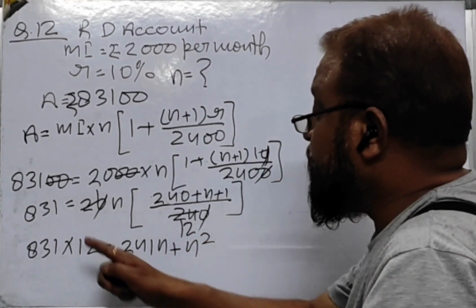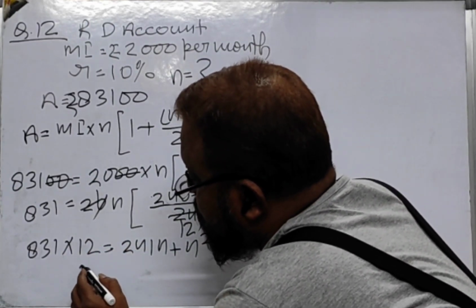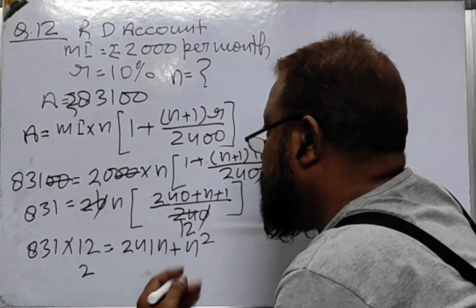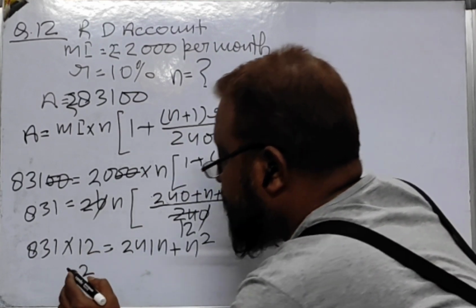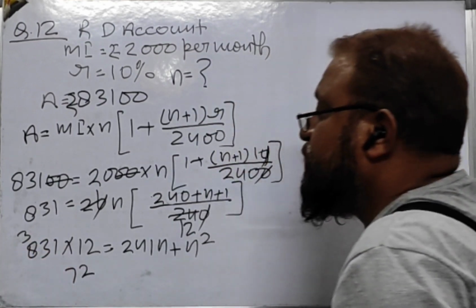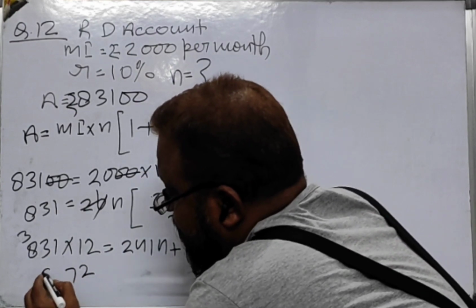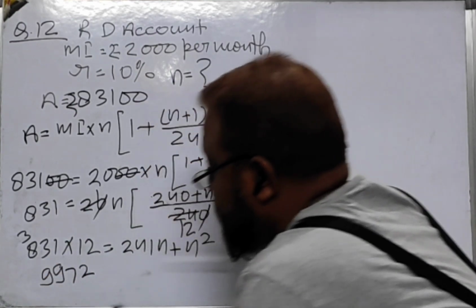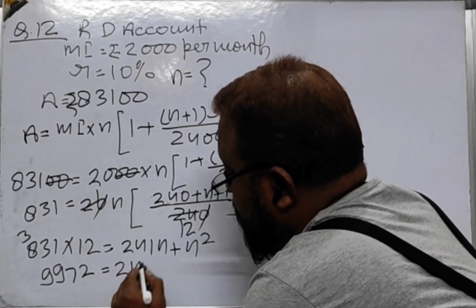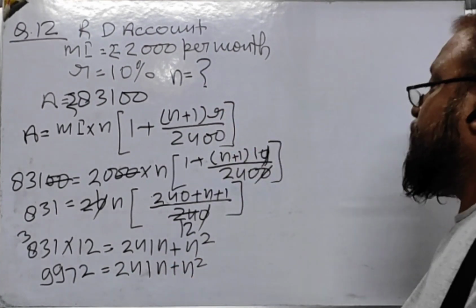So when you multiply this, how much will you get? 12 1s are 12, we get 2, 1 carry. 12 threes are 36, 36 and 1 is 37, 7, 3 carry. 12 8s are 96, 96 plus 3 is 99. Is it correct? So it becomes 241n plus n square.